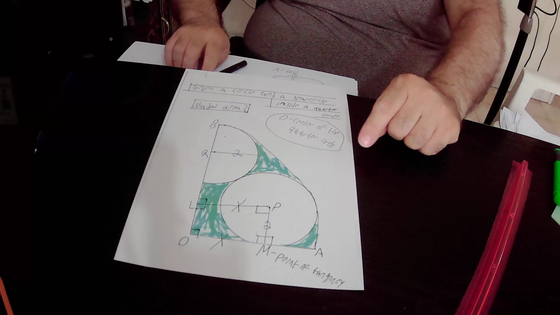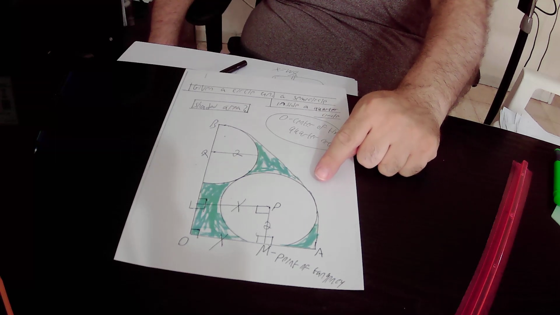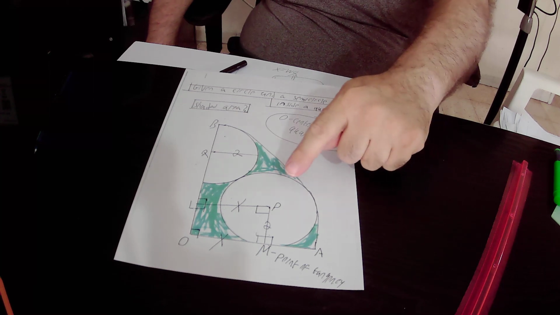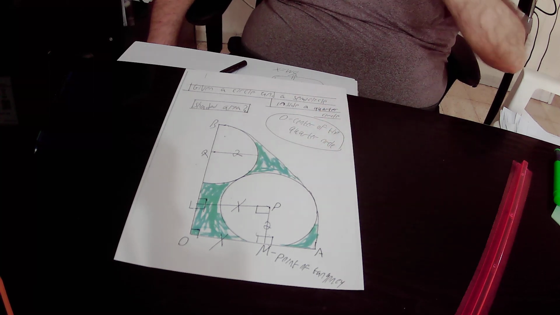In the next step, we will focus on this point, which is the touching point between the circle and the quarter circle.